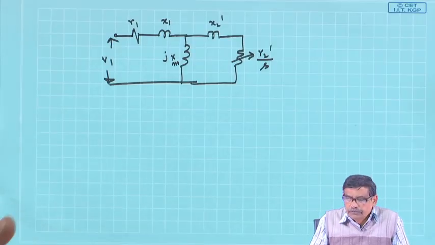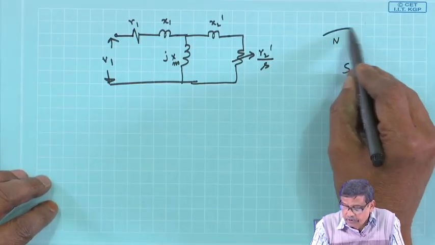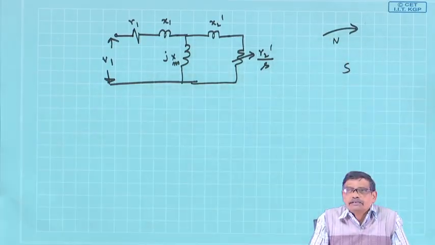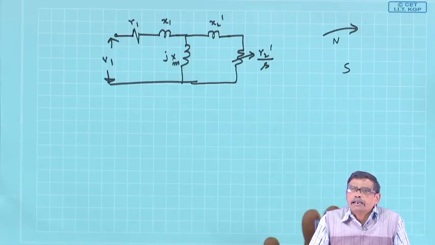I can always find out if there is a rotating field, I do not know who has created it. I can always think, oh, it has been perhaps created by a 3 phase balanced winding. Why not?